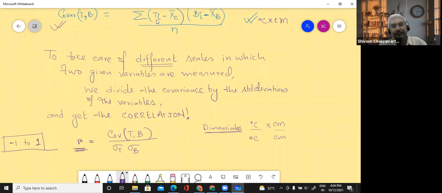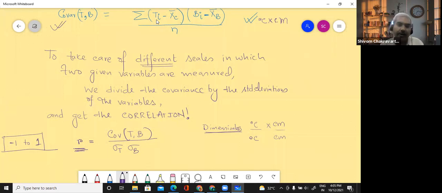Then we use correlation for something else also. When we use different statistical methods like factor analysis and other such very nice methods, we are not directly dealing with data. First, we have one set of variables, and we find out the correlations between each pair of those variables.